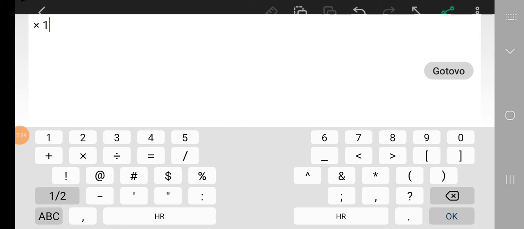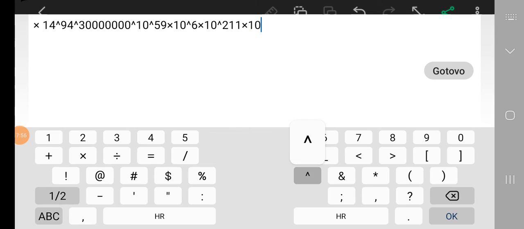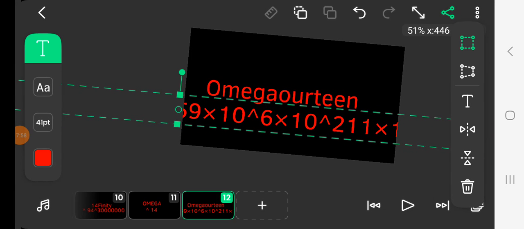And omega 18 times 14 to the power of 9, then this number right here, that's approximately this thing right here, times 10 to the power of 6, times 10 to the power of 11, times this equation right here.